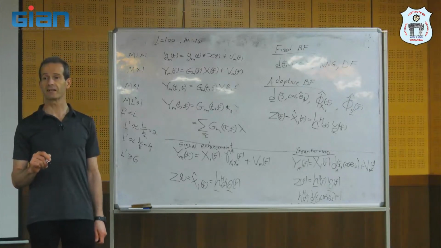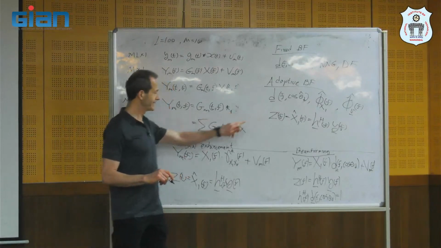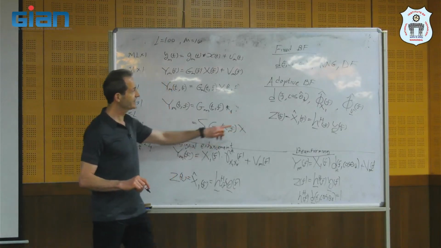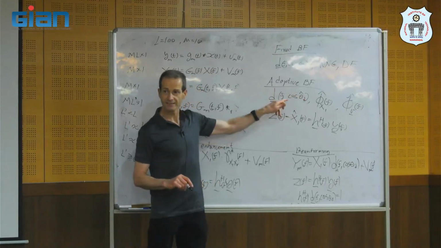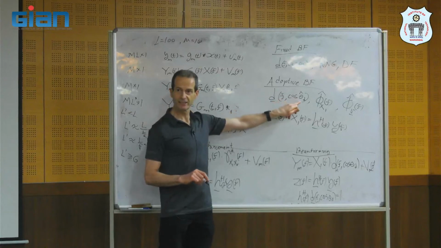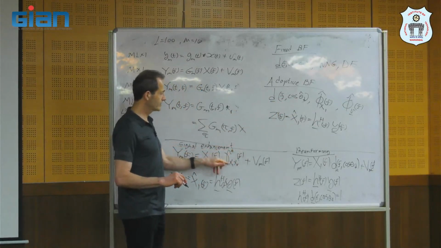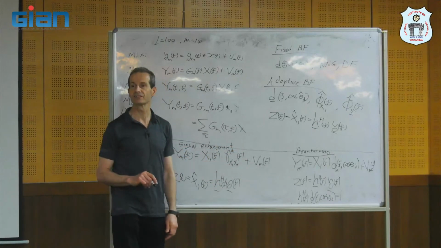Exactly. So the difference between adaptive beamforming and signal enhancement is here I assume direction. You see, here I assume a certain direction. Here I try to find the relative transfer function.